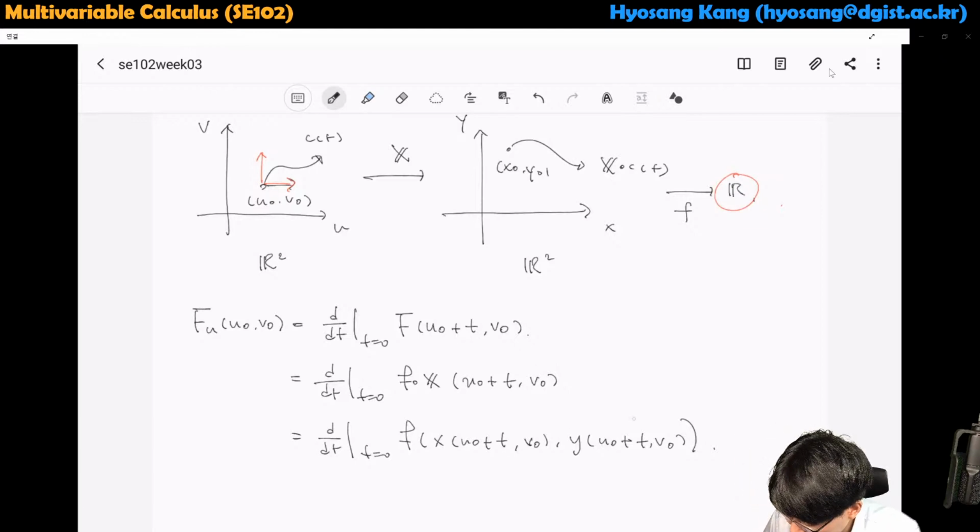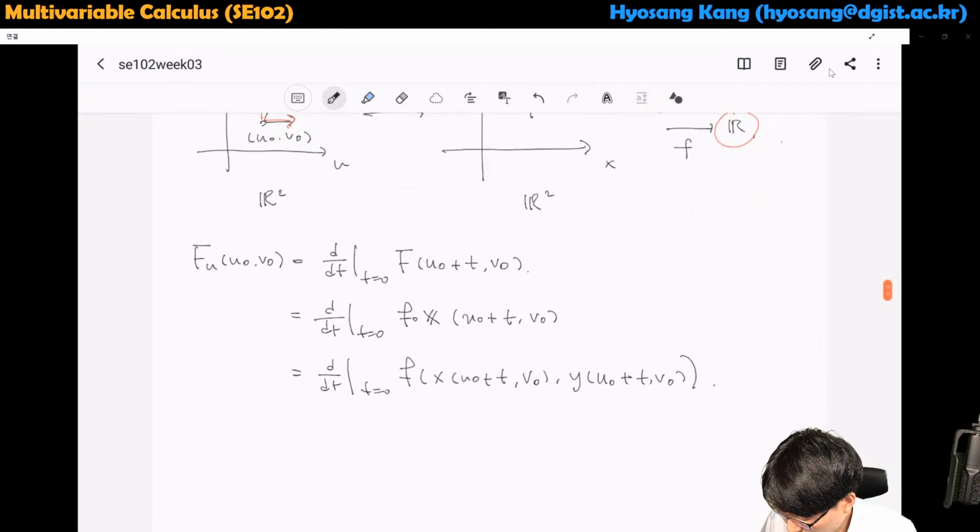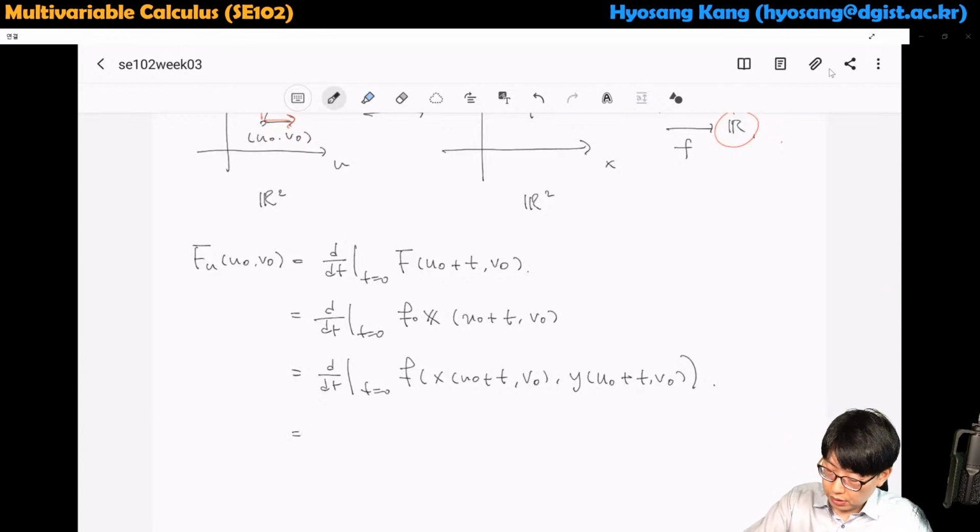Right. Okay. So from here, I want to use the first chain rule that we explained in the beginning.